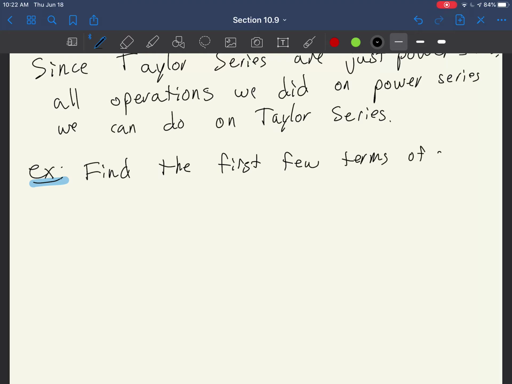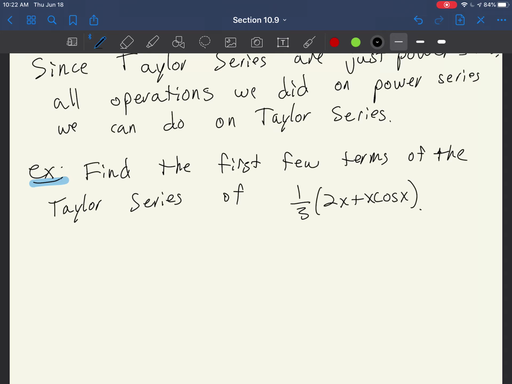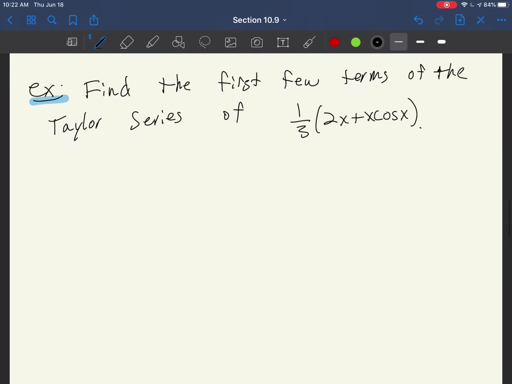So example, find the first few terms of the Taylor series of 1/3 times 2x plus x cosine x.